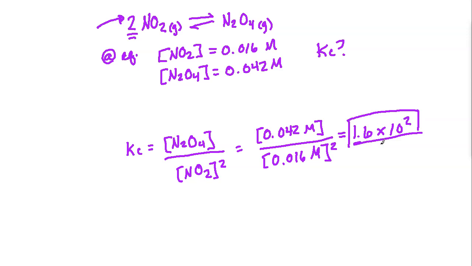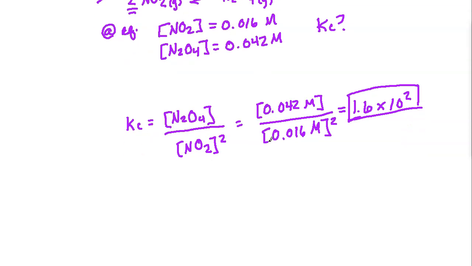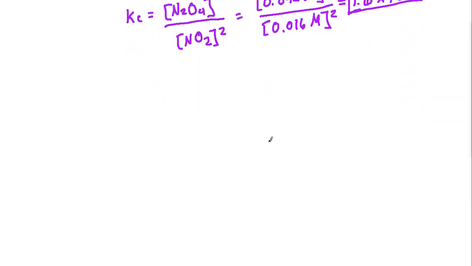So this would be how we solve for an example using Kc with concentrations that are being given. Also keep in mind significant figures are important here. We're being provided 2 significant figures for each of these, so the answer should only have 2 significant figures.